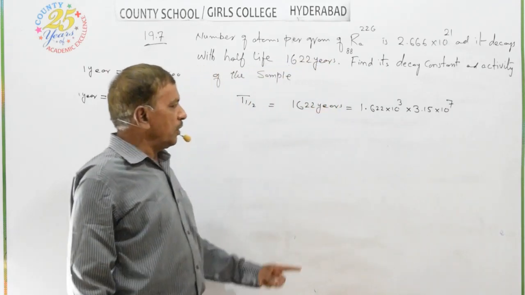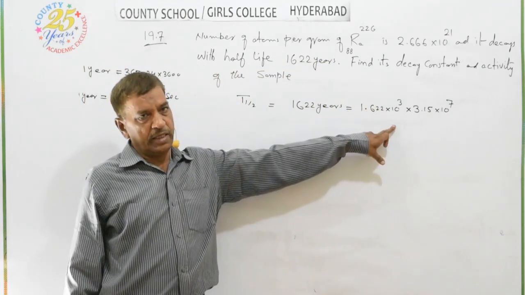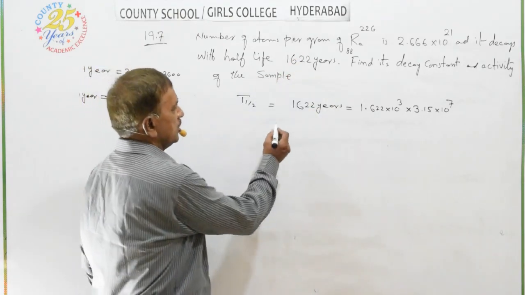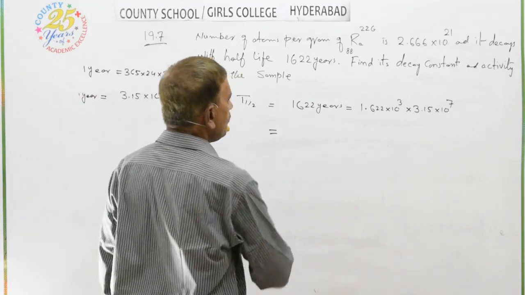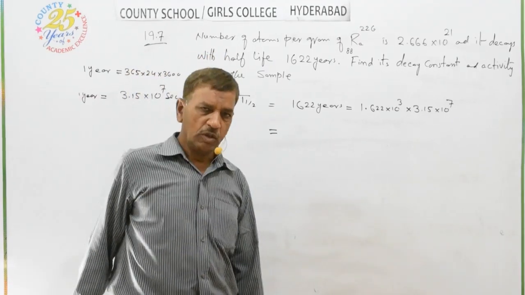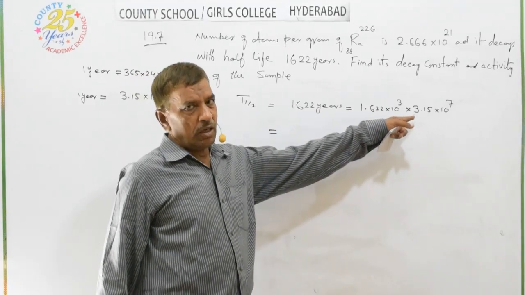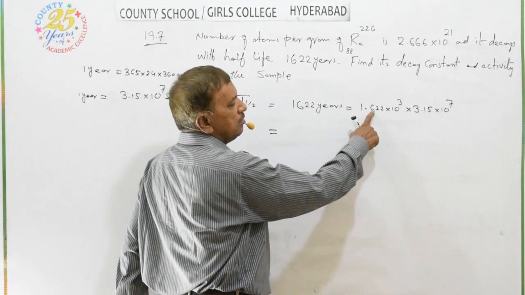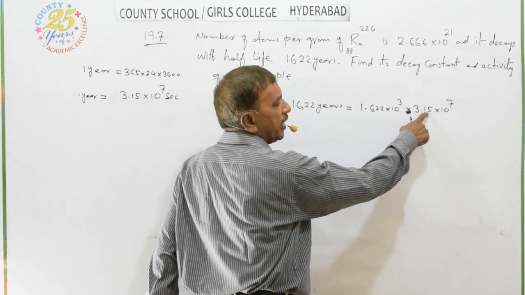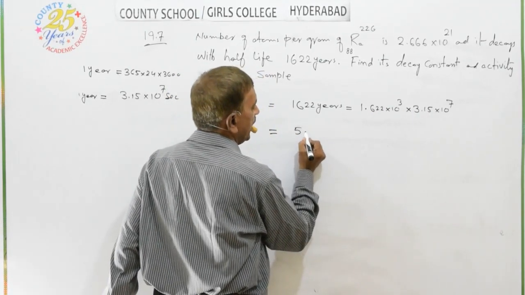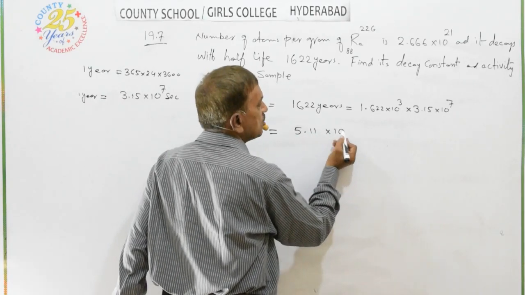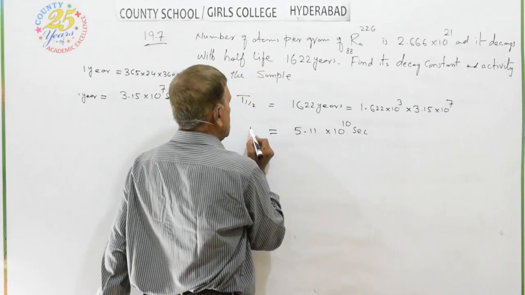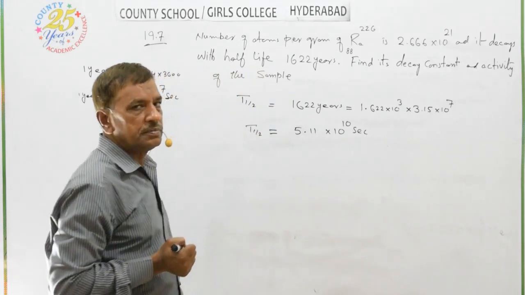So students, that will be the total number of seconds in 1622 years, so this is the half-life of radium in seconds. We multiply 1.622 into 3.15, so that becomes 5.11 into 10 raised to power 3 and 7. So this is the half-life of radium.